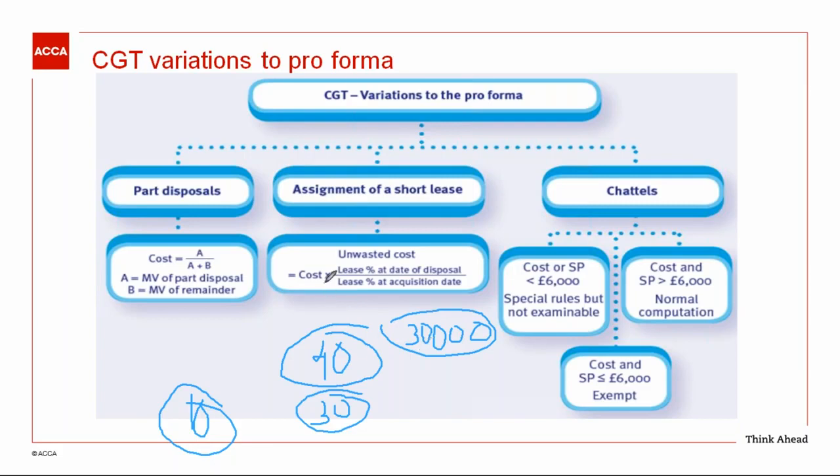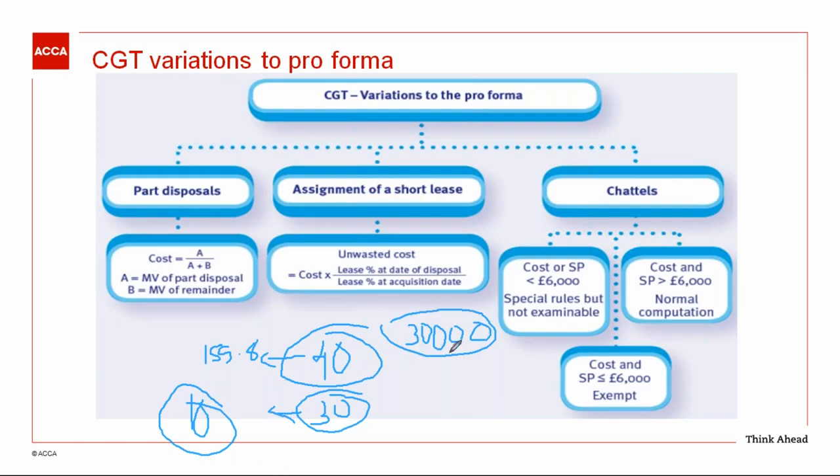Then what you should do is, at the exam, if you get a question like this, they will give you a particular percentage allocated for 40 years, and for 30 years also, you will be given a percentage.